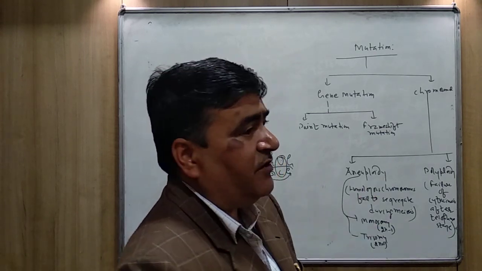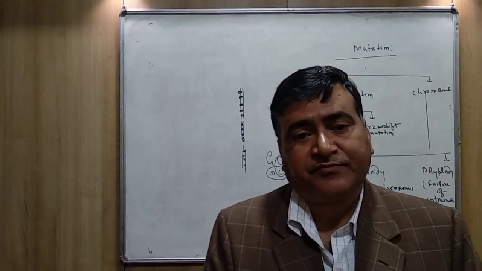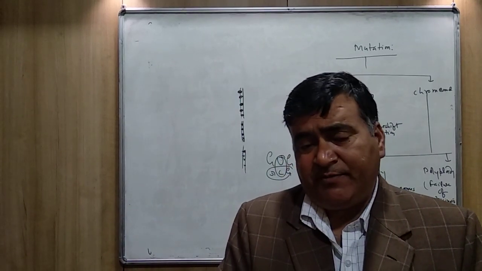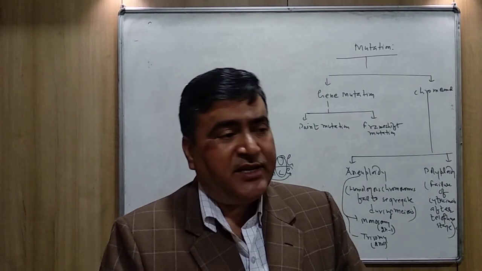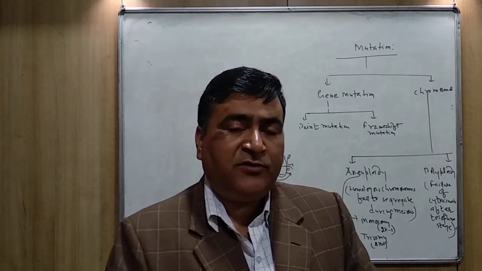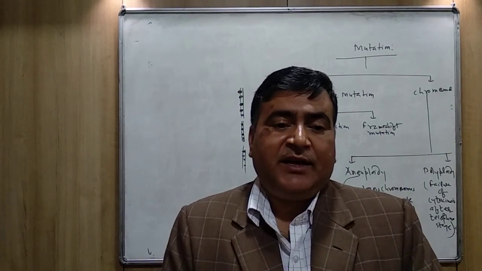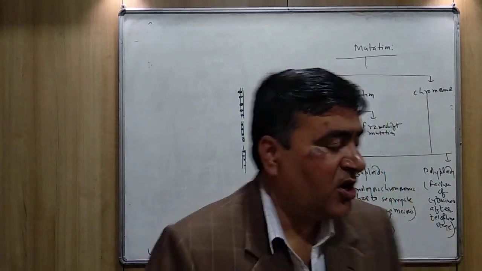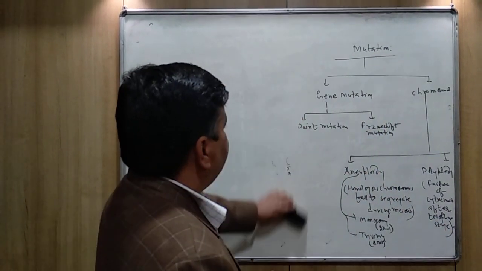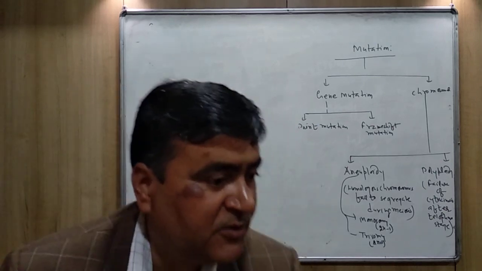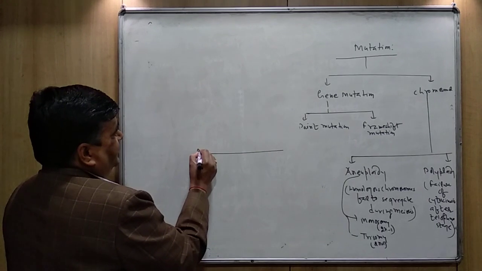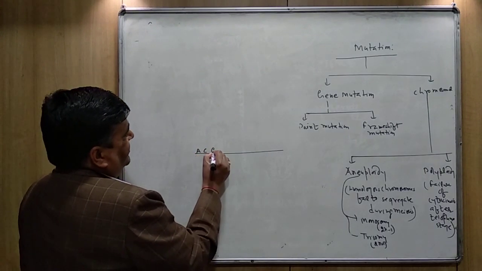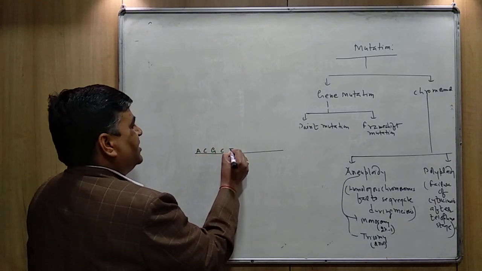The second is Frameshift mutation. Frameshift mutation is further divided into two types. There may be the insertion or deletion of bases. Suppose a particular gene is there, and in this gene, these are the sequence.